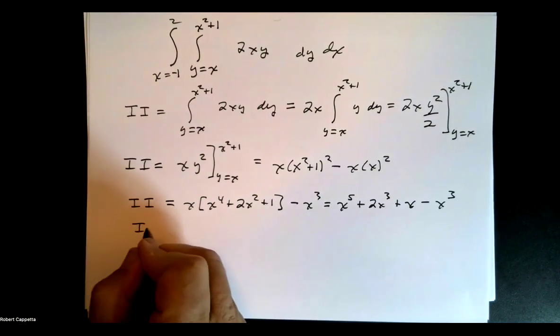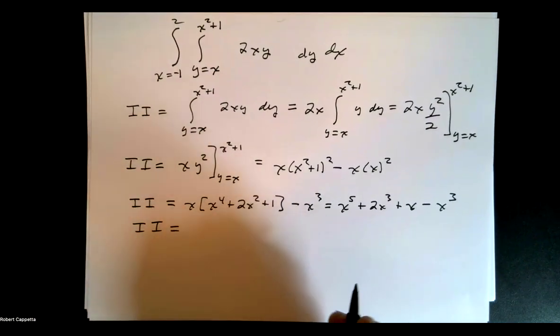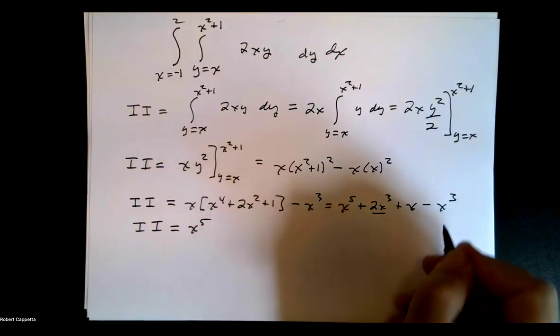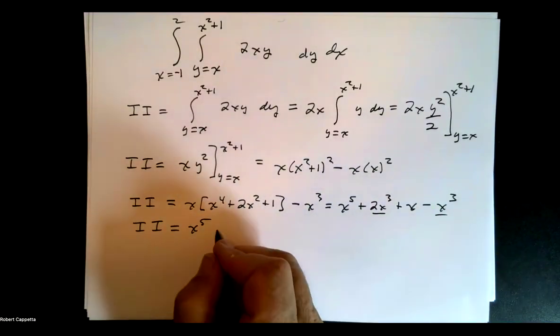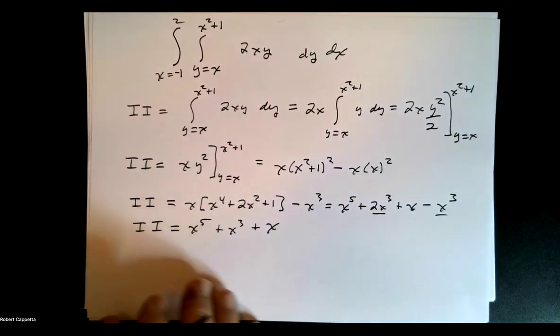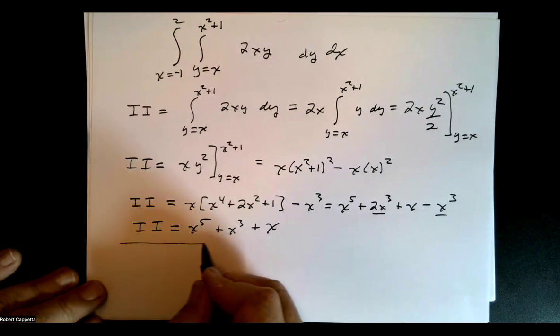So my inner integral simplifies to x to the 5th, 2x cubed minus 1x cubed is plus x cubed, plus x. So that's my inner integral.